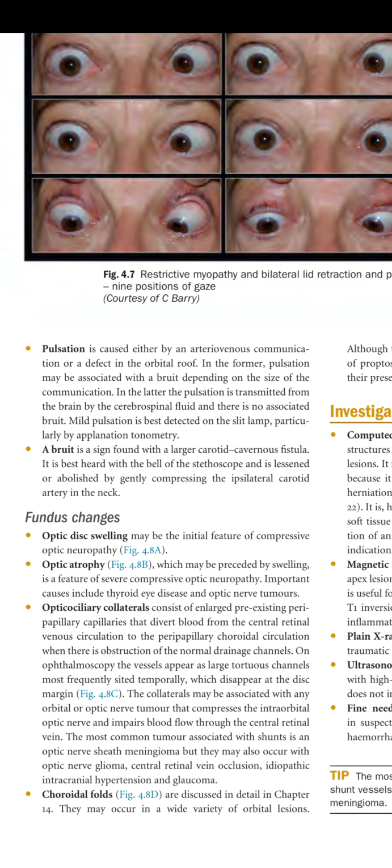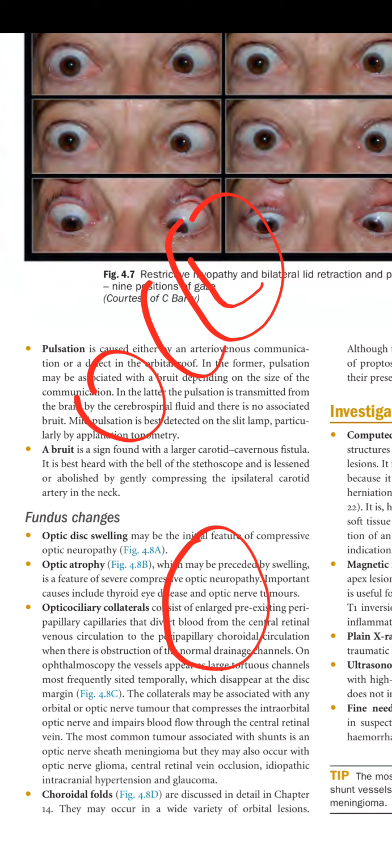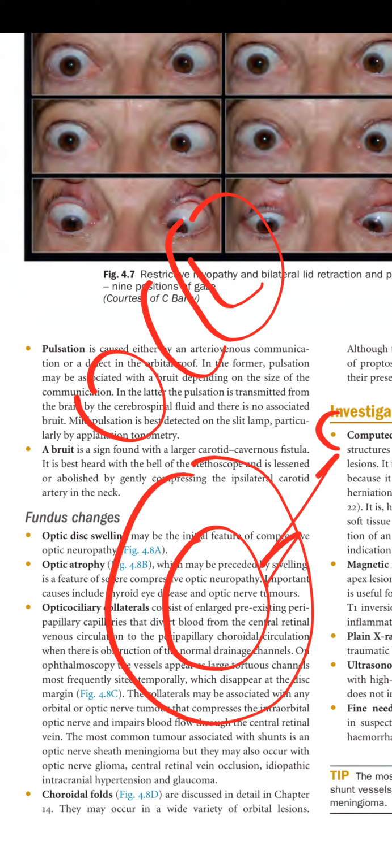So there is a thing known as optociliary collaterals. For example, this is a fundus and here is a disc. You can see that there is a cup and there is a disc. Optociliary collaterals are basically the peripapillary capillaries.